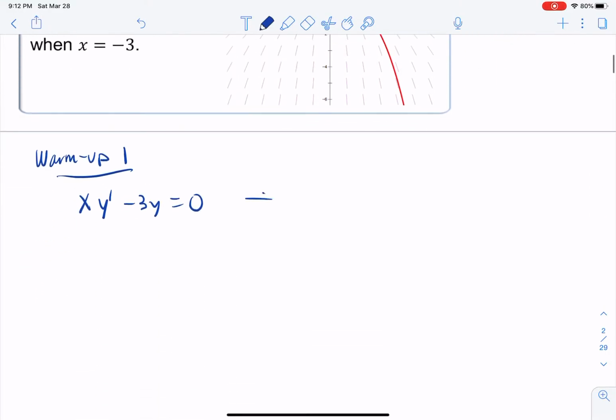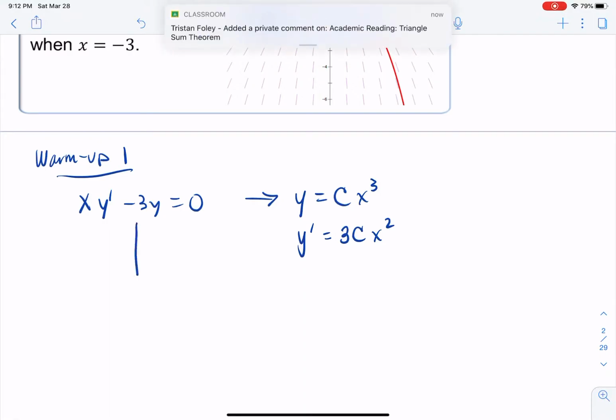And then we are trying to verify that y equals cx cubed is a solution. So you can see based on the differential equation, which forms a little recipe for us, it's asking for a y and a y prime, so let's find it. So leapfrog the 3 down, I'd have 3cx squared. All right, and now we're good to go to plug everything into the differential equation here.